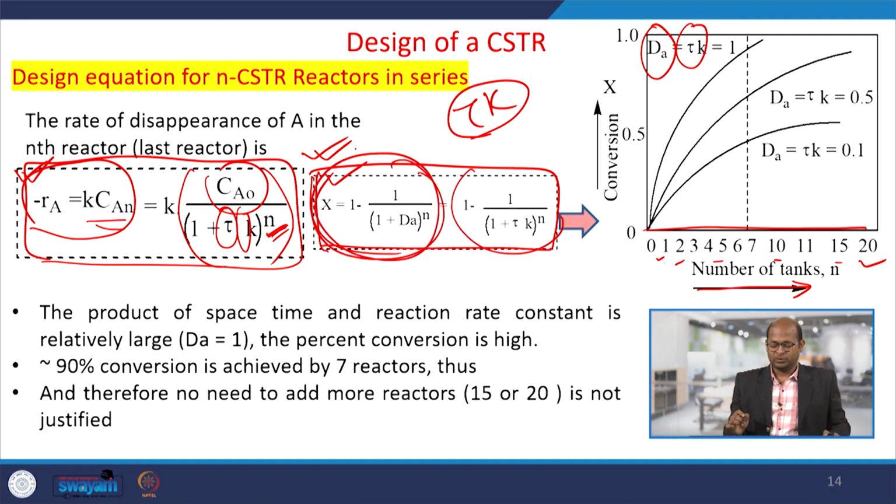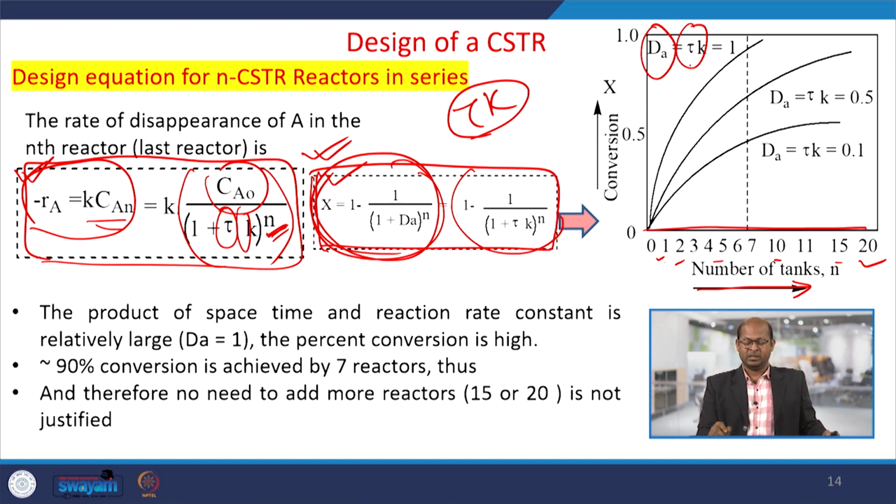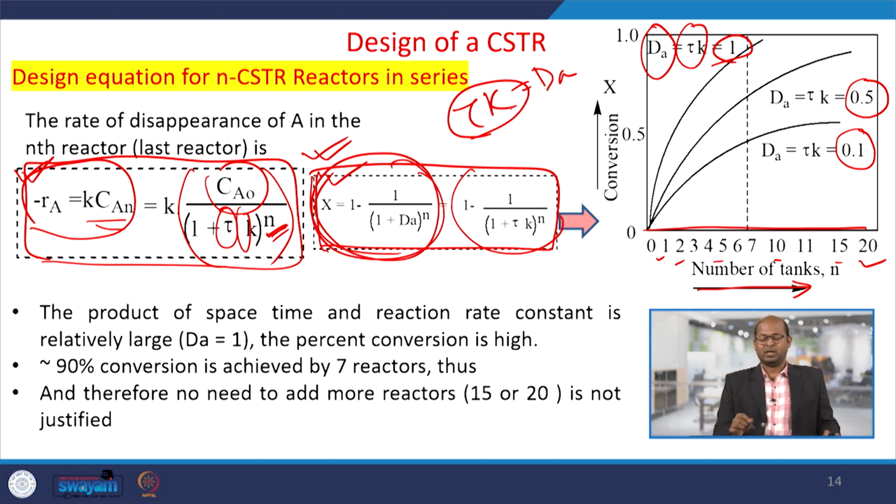Here the DaA value we can change. Damköhler number can be 1, or 0.5, or 0.1; that depends on the DaA value, depends on tau k. Tau k is a constant value, but tau is the volume divided by the volumetric flow rate, so if we vary the volume, then the tau value would change and the DaA value would change.